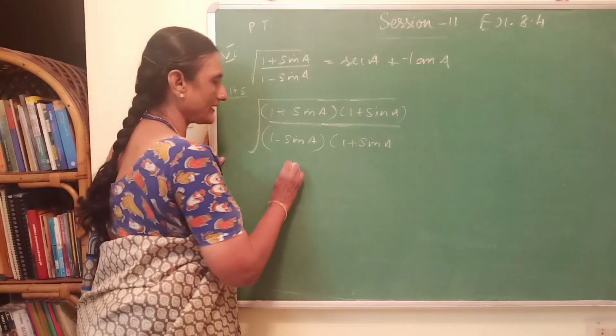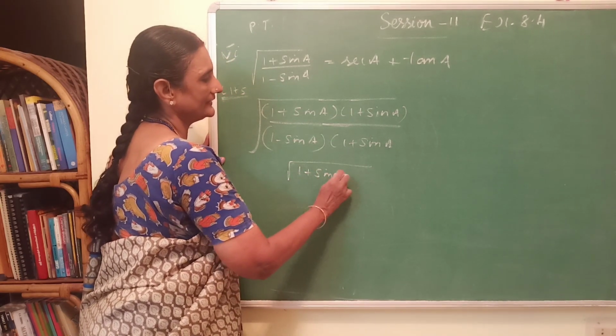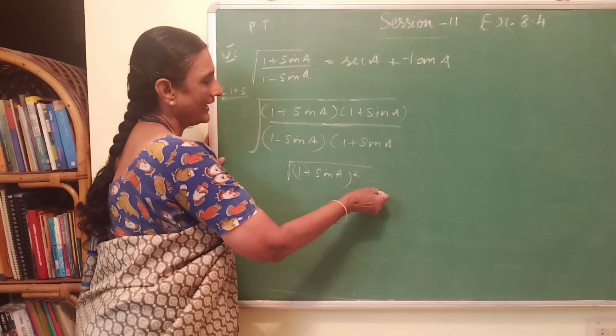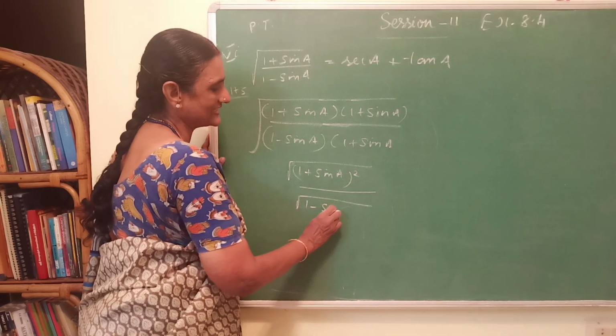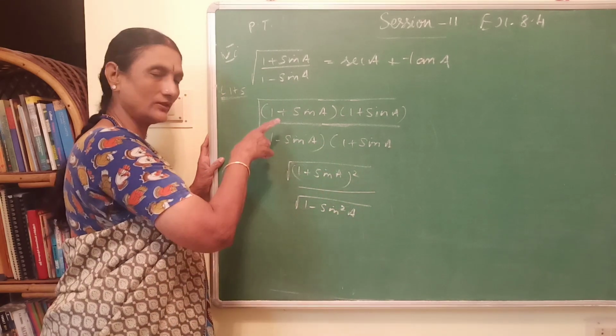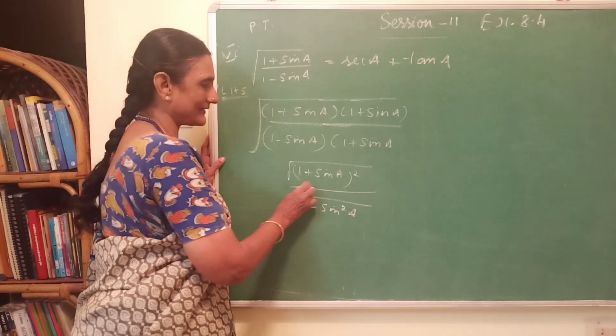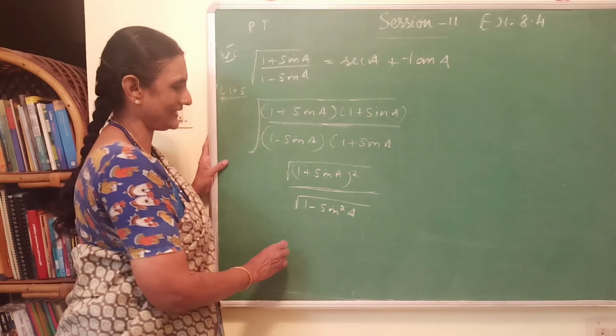So in the numerator it is 1 plus sin A the whole square, and the denominator is 1 minus sin square A. Correct? Both are inside the root. I have separated the root sign for both the numerator and the denominator.